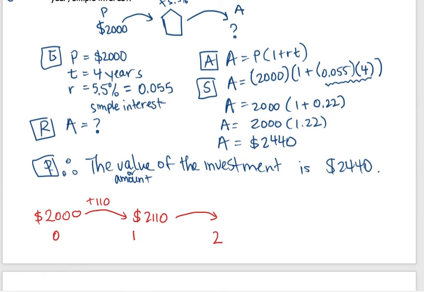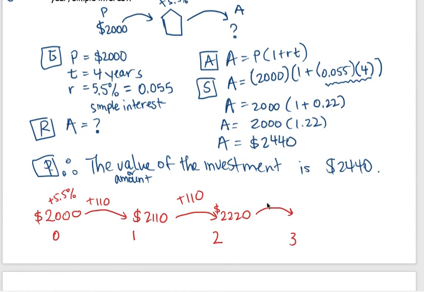Remember that when it's simple interest, you always go back to the original amount, which was the 2,000, and again, we're calculating 5.5% on the original. So again, you are making 110 the next year. Then you end up with 2,220.